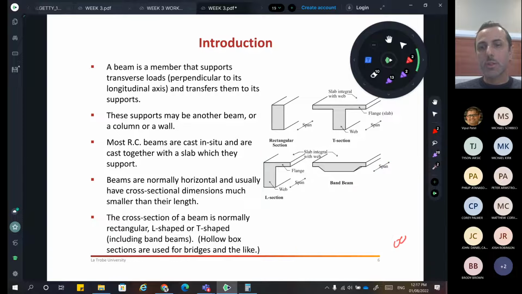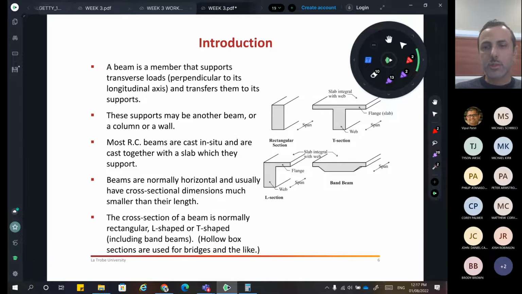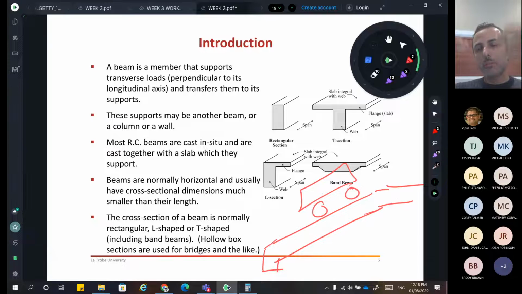But remember, when they are sloped, the designers have to consider some sort of axial load as well. Because if you have a beam like this, it will be connected to a footing. It's like a ramp, like a car park. So this may be a beam, and there is a beam on the other side and a slab in between.